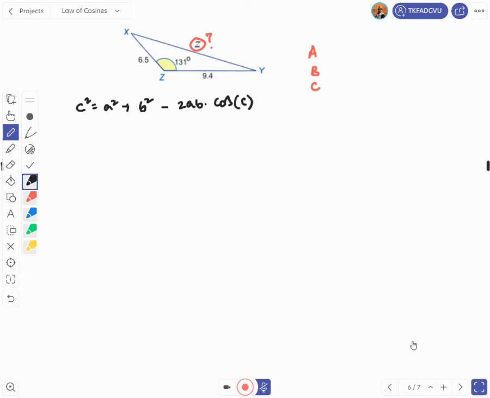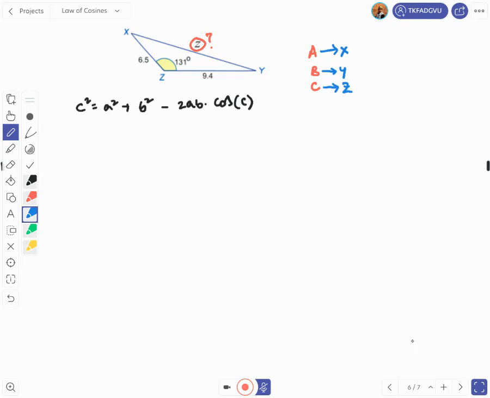But here XYZ are given. So you do one thing. Instead of a, you take x. Instead of b, you take y. Instead of c, you take z. So just follow this order.